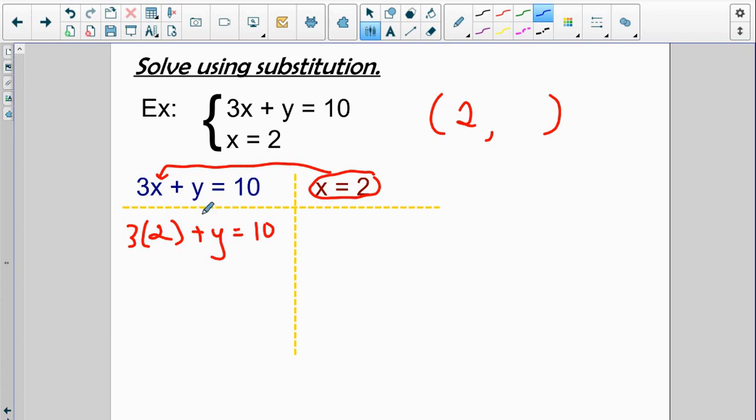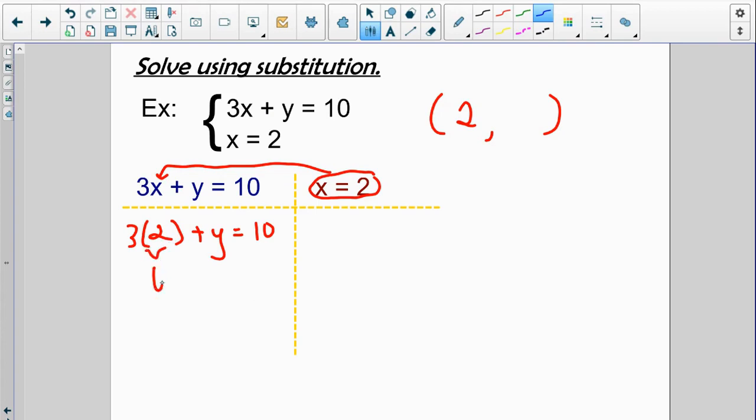Okay, I gotta be careful here. I don't want to put a 2 in for y because I don't know what y equals. Nothing up here tells me what y equals. So I gotta be careful, make sure I'm substituting the number into the correct variable. If x equals 2, I can only put 2 where the x was. So now I have a regular equation that's ready to solve.